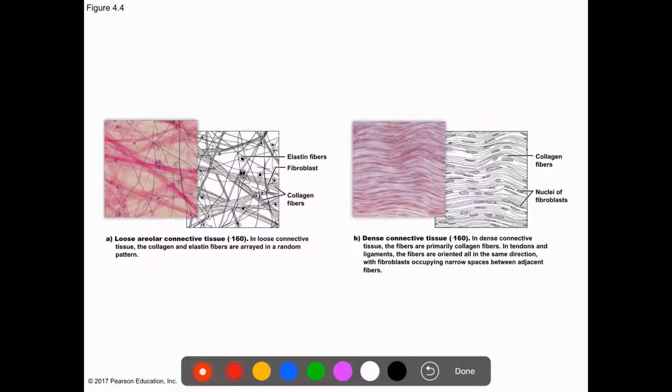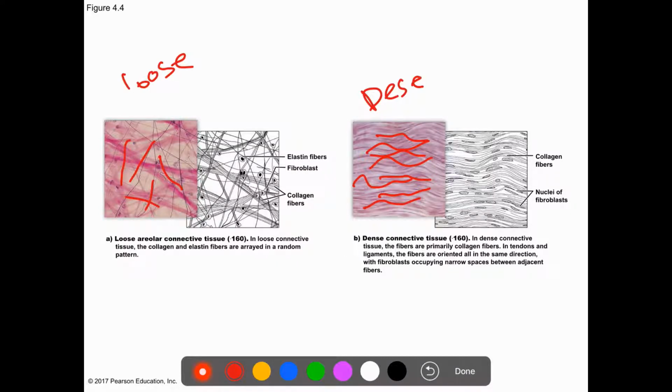Here, a view to see the difference between the loose and the dense connective tissue. As you can see, the dense has very packed fibers, collagen fibers. Whereas the loose, as you can see, there are a lot of spaces between the different fibers. These thick pink fibers are still collagen fibers, and the thin ones are elastic fibers.